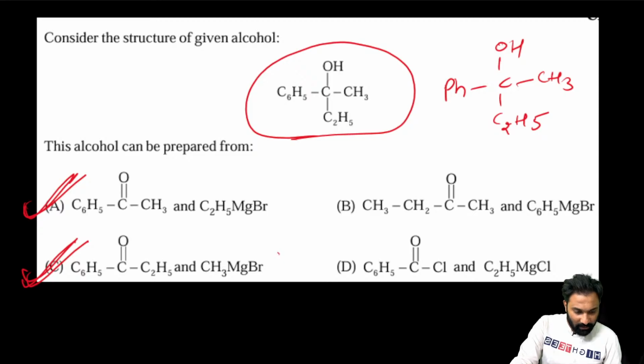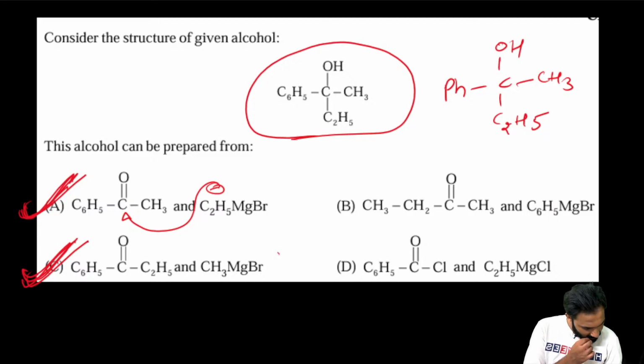In A also we have the chance, and in C also we have the chance, but in B there is no chance, and in D there is no chance. So only A and C.